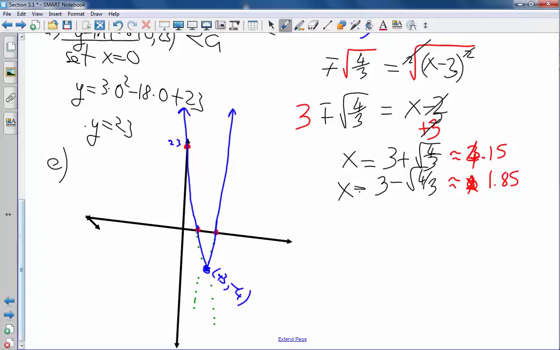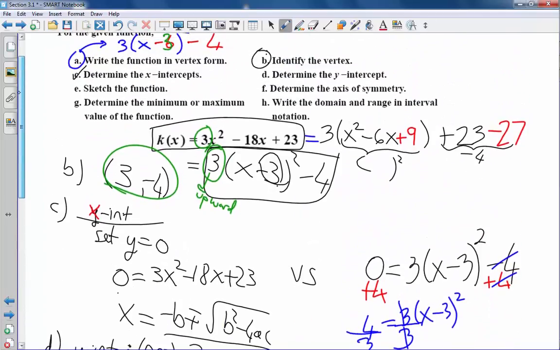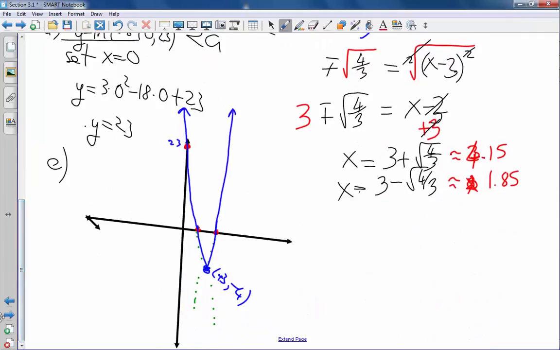And F, axis of symmetry. What is it? It's x equals something. There is an axis going right between these two branches. I need to know its equation as x equals whatever this point is. What do you think that point is? 3. It's the x coordinate of the seed.